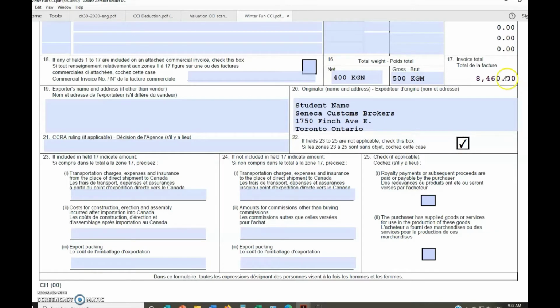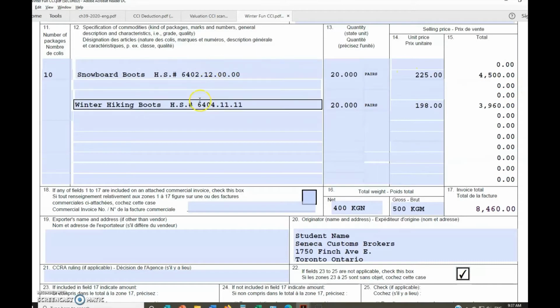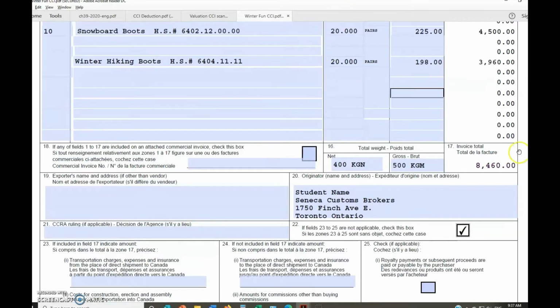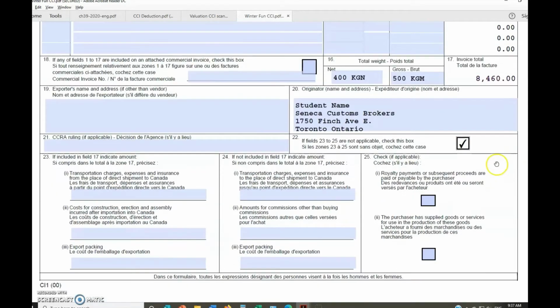That price includes the goods, and the price also includes getting the goods to you. You pay one price. But in the real world, this price is for two items. It is for the goods, and it's for the freight. So if there's freight included in field 17, we put it in 23I.